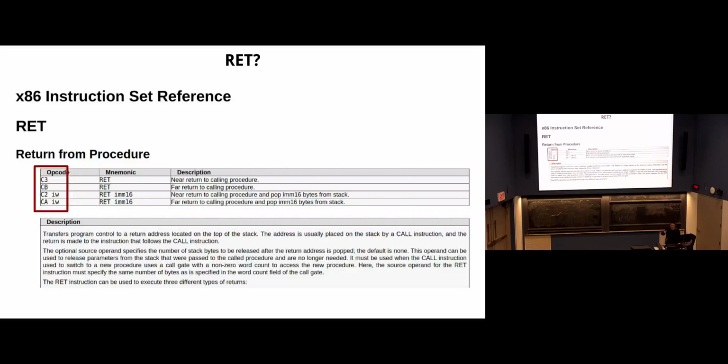If it's C2 or CA, there will be a 2-byte parameter. If there is a C3, the byte value C3 can be viewed as a return instruction. But a C3 can be anywhere. It can be part of your address.